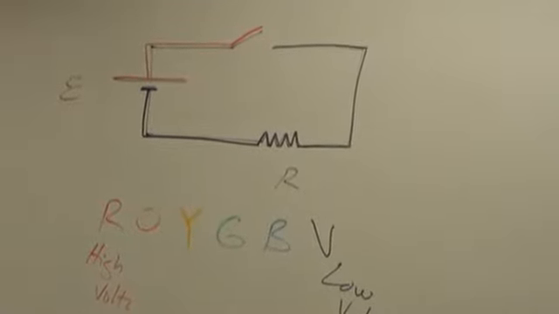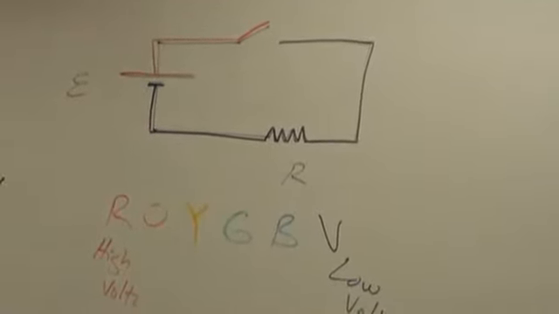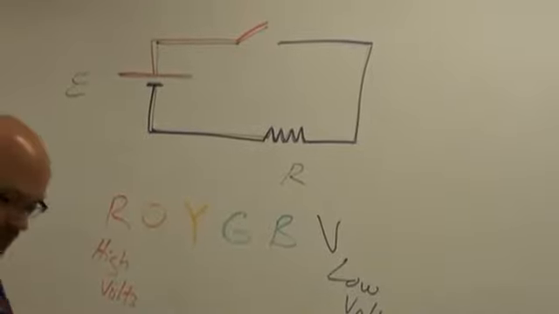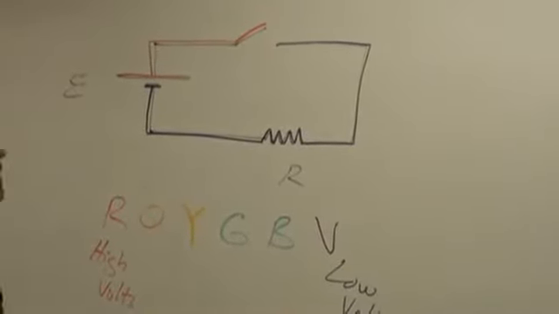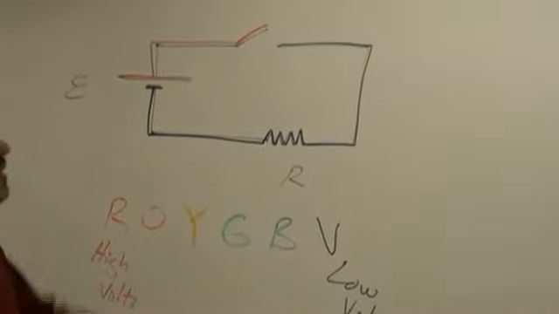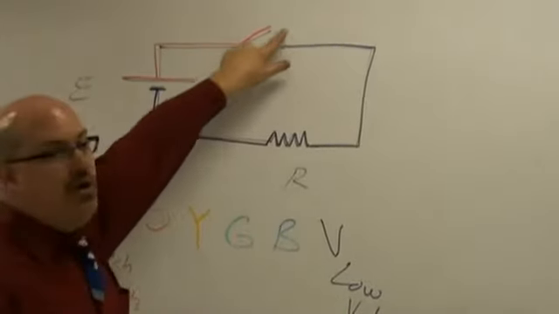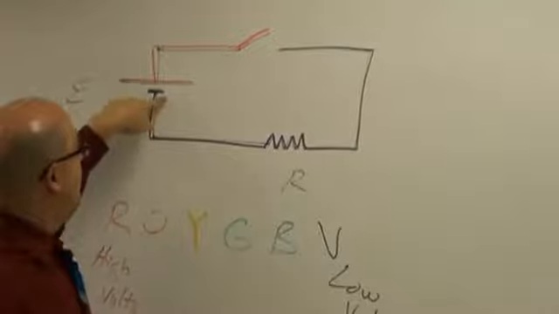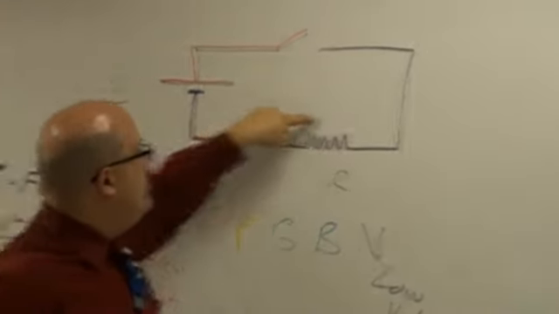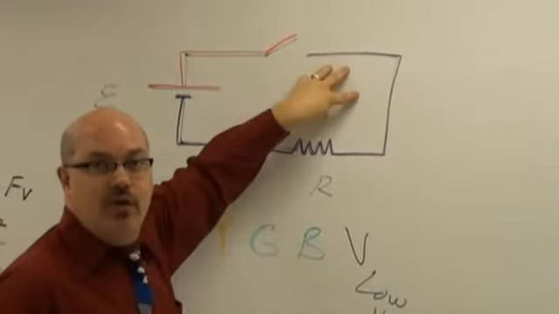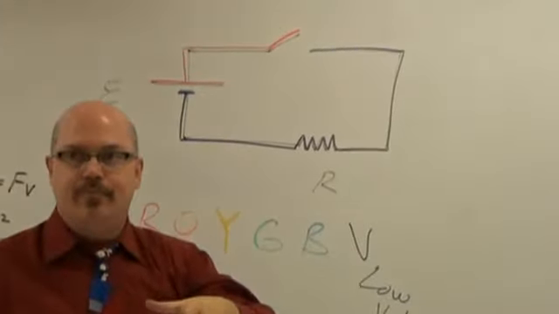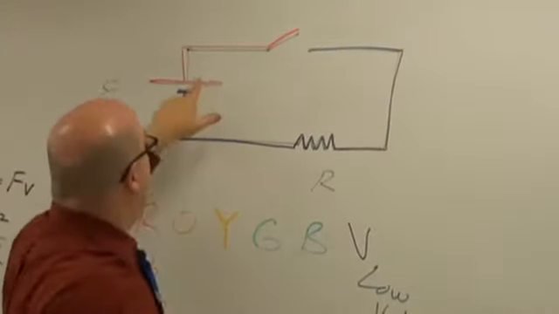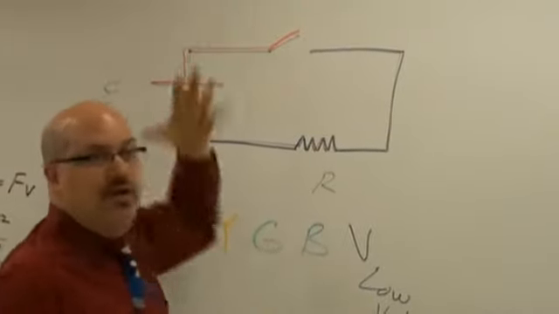That's not right. Okay? Because since there's not a completed circuit, charge will flow from here across until this thing is all the same potential, and then it will stop, right? And charge will flow this way until it's all the same potential, and then it'll stop.